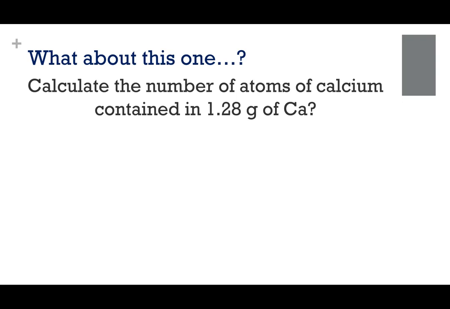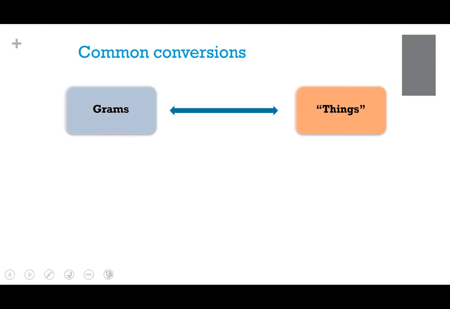We've talked about grams to moles. We've talked about atoms to moles. But have we talked about going from grams to atoms yet? So straight from grams to atoms? No, we haven't. And we're not going to, because it doesn't exist. There's no direct route between those two.